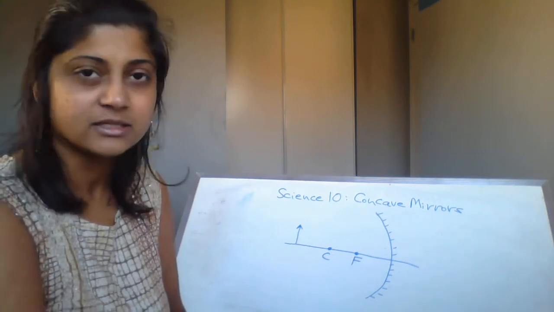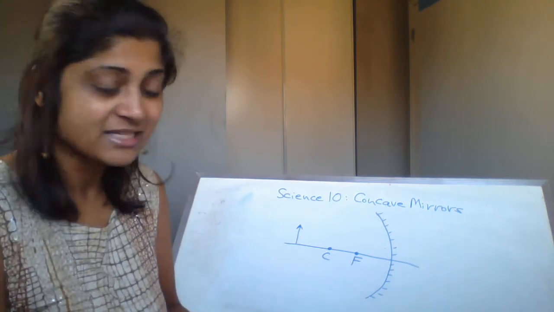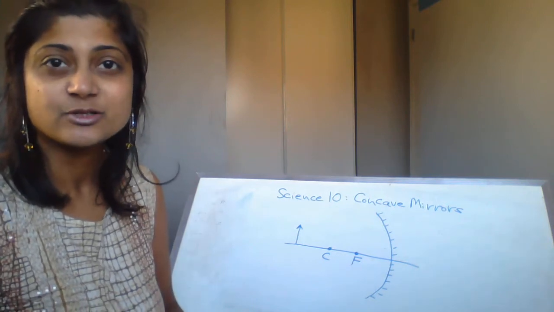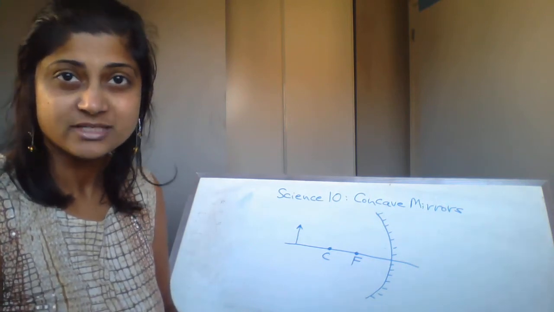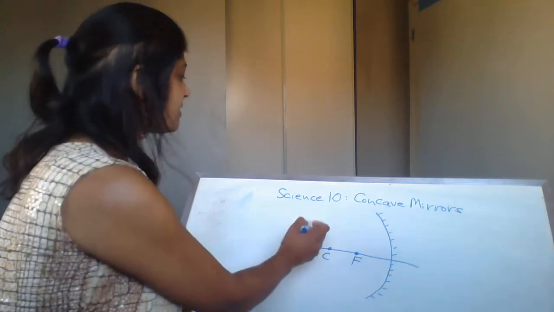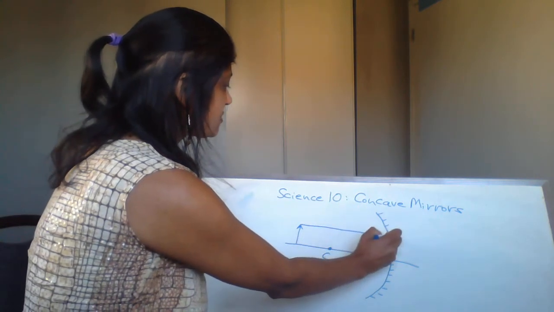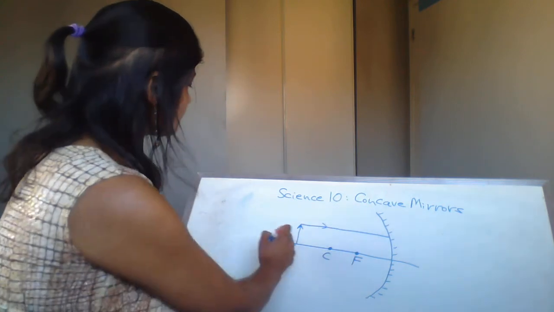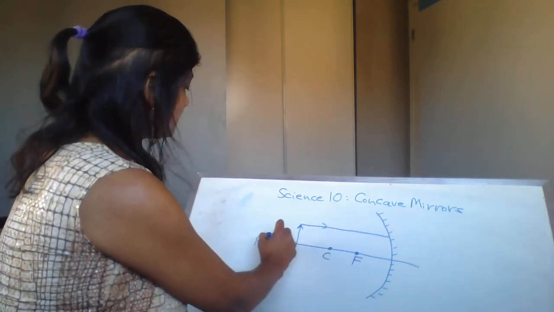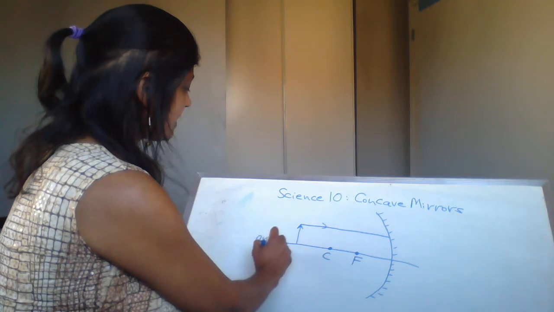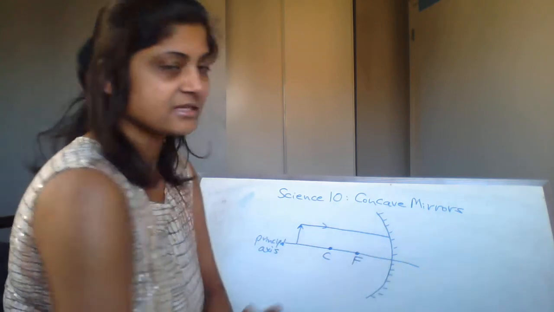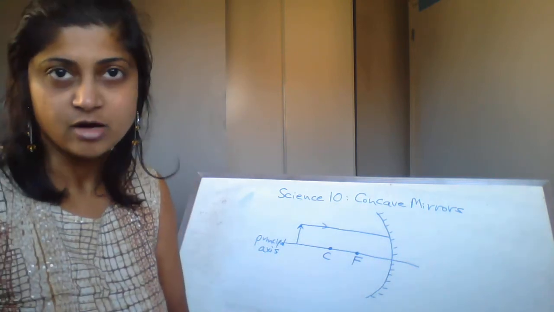In the workbook, it gives you a pencil, so that you can see the actual top point of the pencil or the arrow. We're going to draw a ray that goes straight like this, and this right here is the principal axis, the line where you're placing the object.